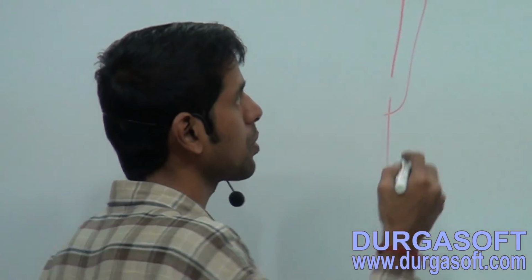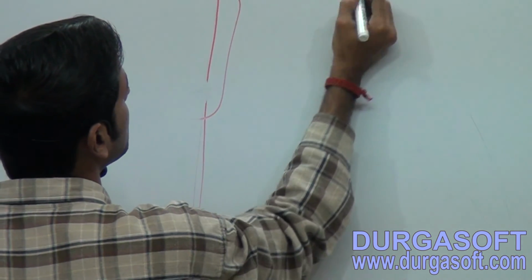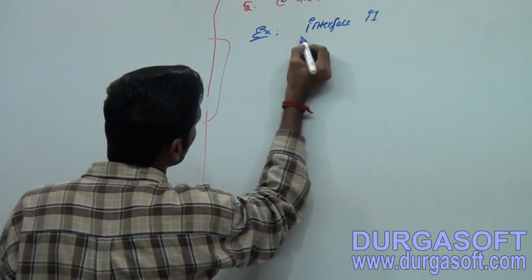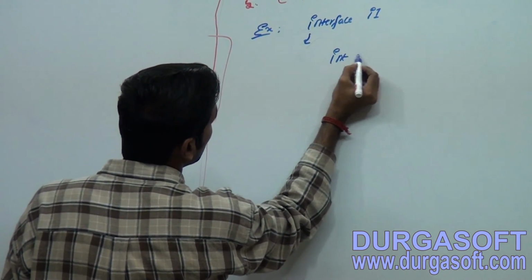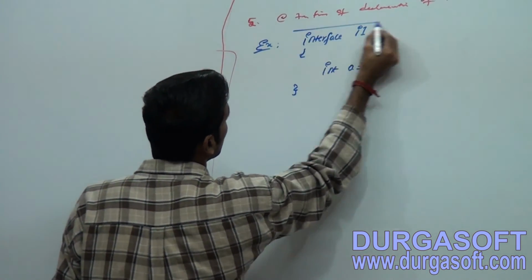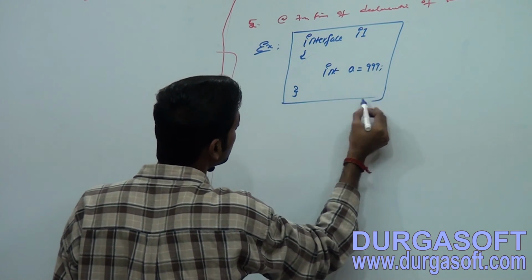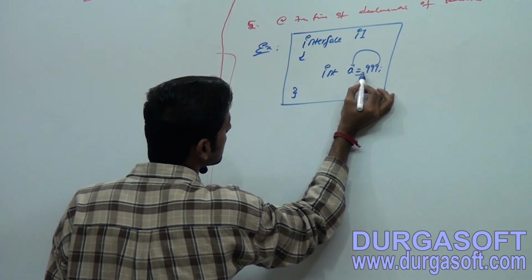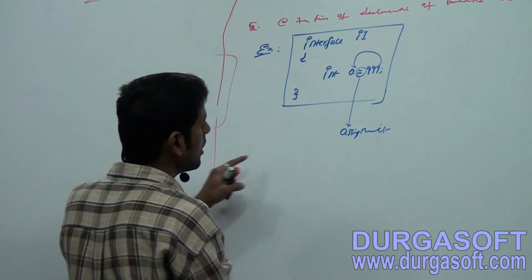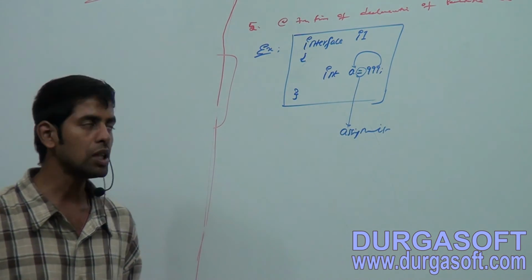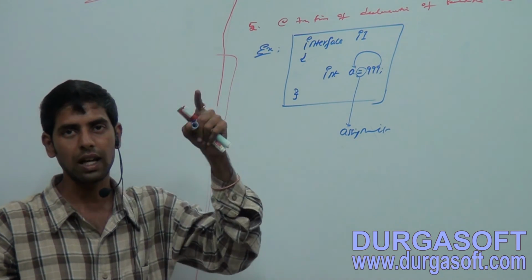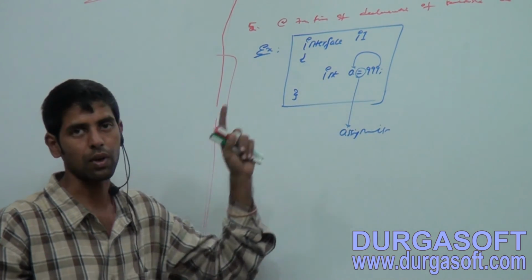Interface I1, now int i equals 999. At the time of declaration itself I am performing initialization. This is the assignment operator in our programming language. If you see this operator, it indicates initialization of a variable.